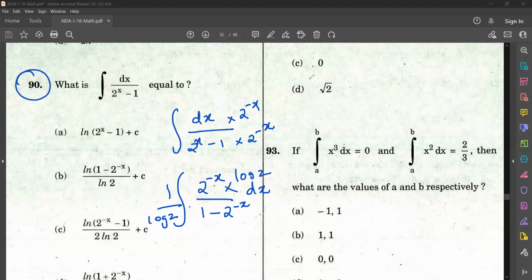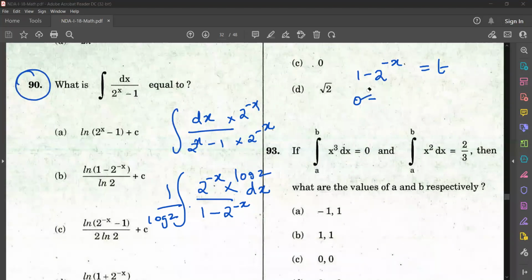I am going to put 1 minus 2 raised to minus x as t. Then take the derivative: 0 minus, what is the derivative of 2 raised to minus x? It will be log 2, isn't it?